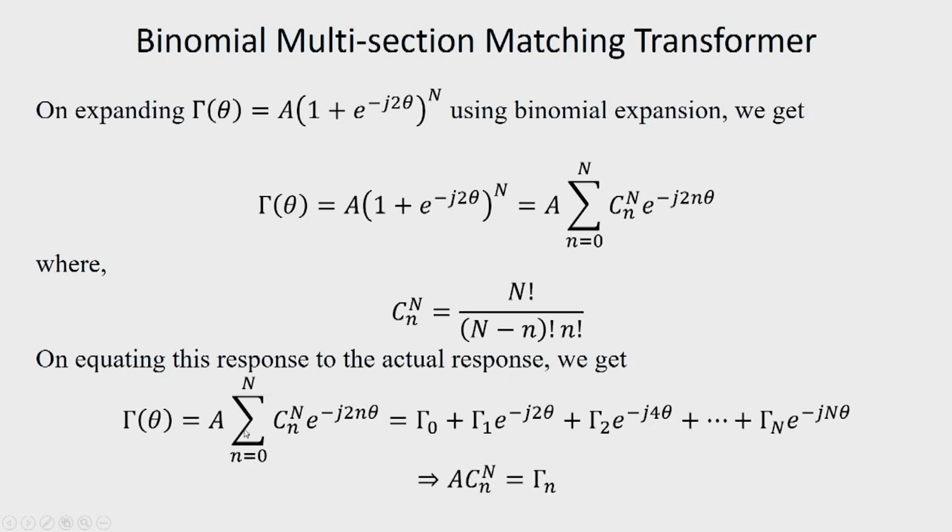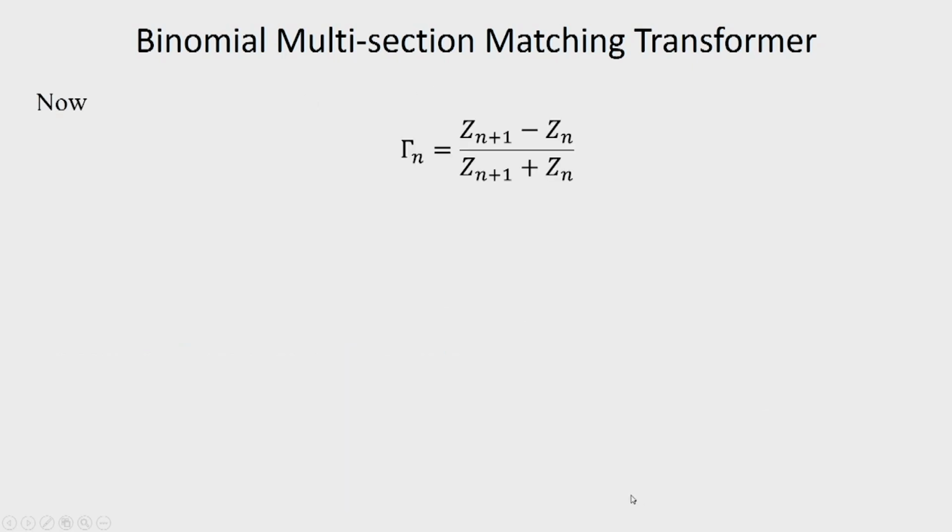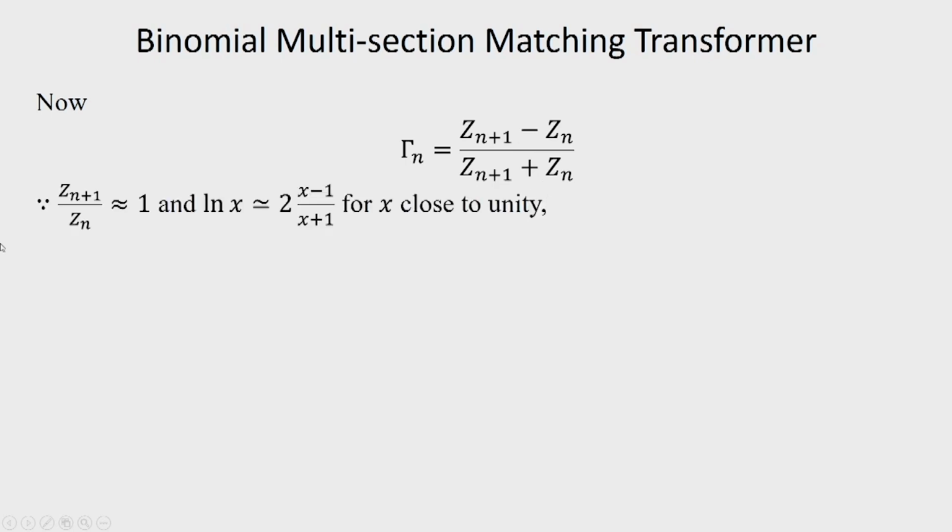Then we find A times N C n is equal to gamma n. Now, we have gamma n is Z n plus 1 minus Z n divided by Z n plus 1 plus Z n. We have said that the change in characteristic impedance from one section to the next section is very small.